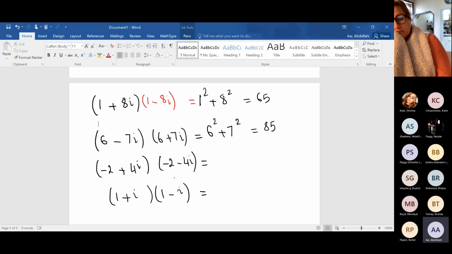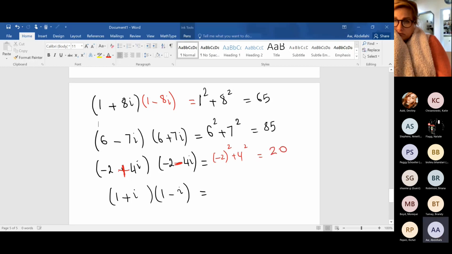To say yes or no, I have to see if the two numbers, the -2 and the -2, match, and if I have a plus here and a minus here. Plus 4i, minus 4i, so they are conjugate. So what's going to be the answer? It is -2 squared plus 4 squared, which is 4 plus 16, which is 20.